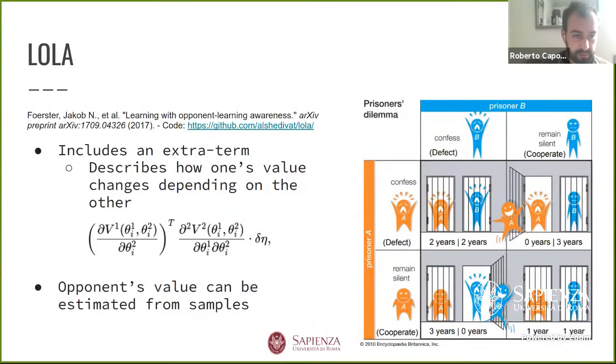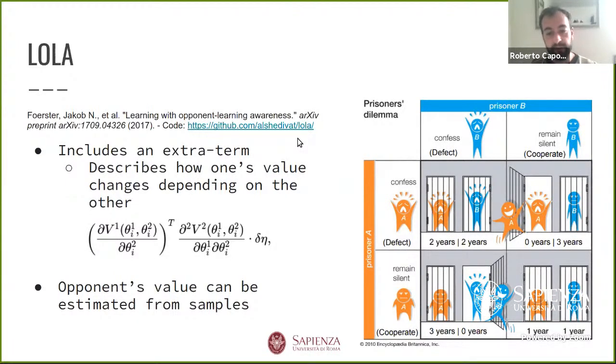This is another paper from Foerster, and the code is available at this link. The idea comes from the prisoner's dilemma.